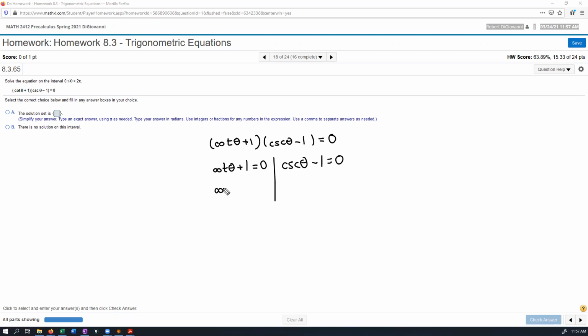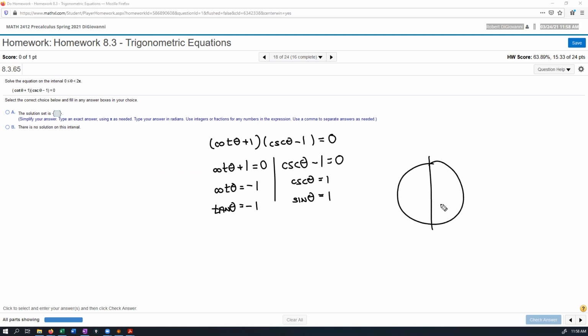The first one says cotangent of theta equals -1, which really means tangent, the reciprocal, must be the reciprocal of -1, which is still -1. This one says cosecant theta is 1, but that means sine theta, the reciprocal of cosecant, must be the reciprocal of 1, which is also 1.